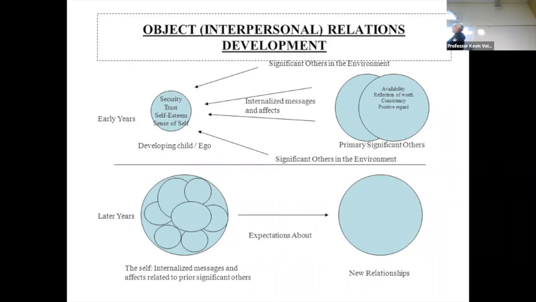In other words, we relate to people in the outside world in the way that we were able to, which has to do with how we internalized emotions and messages from our significant others when we were small children. And again, this is a really fancy way of saying transference. Okay? Countertransference, transference. In other words, this is the original relationship, and now this is the transferential relationship later in our life.